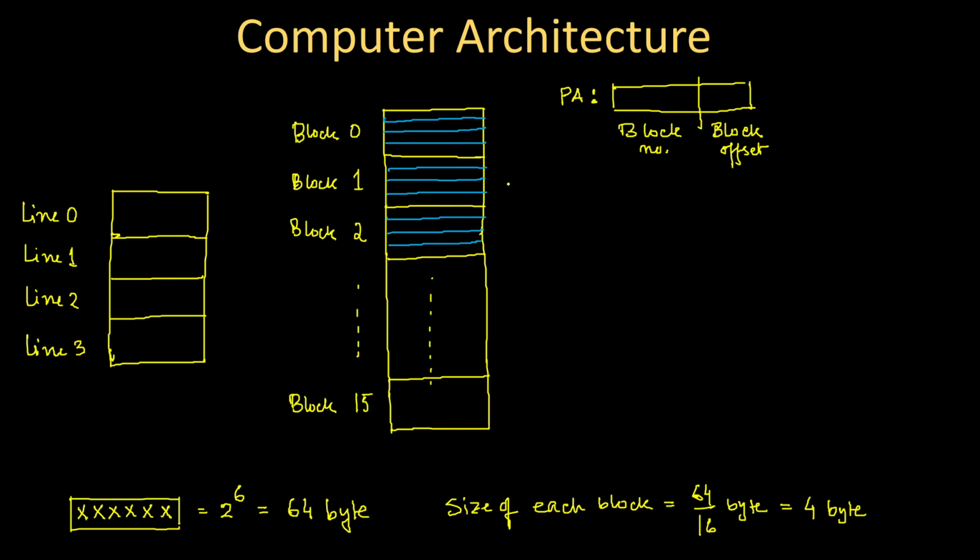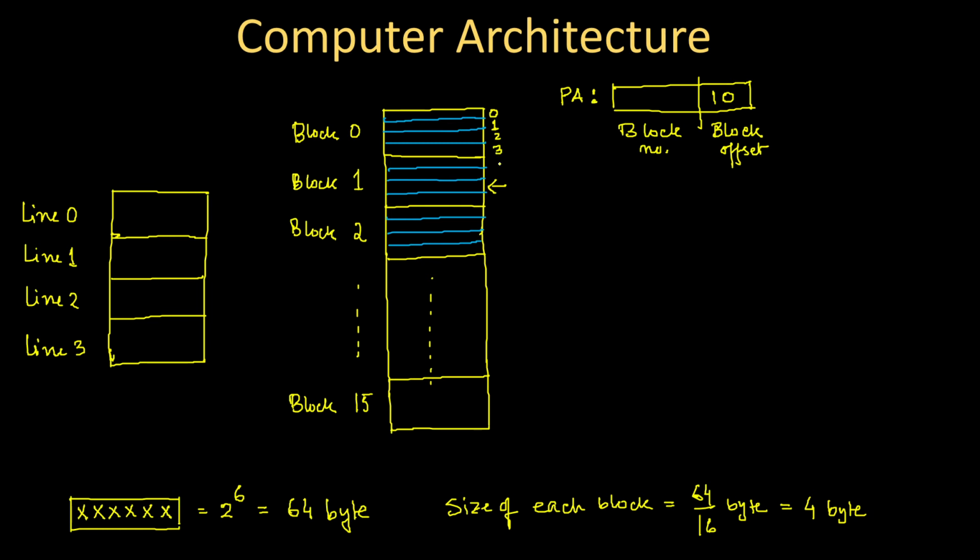For example, if we consider this particular location where the data is stored, the memory address that has to be generated from the processor, at least on the block offset side, should be 10, because this is the zeroth address of block 0, this is the first address of block 0, this is the second address, this is the third address.